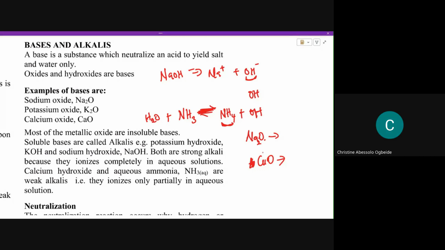A base. Why is it a base? Because it is a metal. Very good, because copper is a metal. So when a metal is combined with oxygen, it is a base.